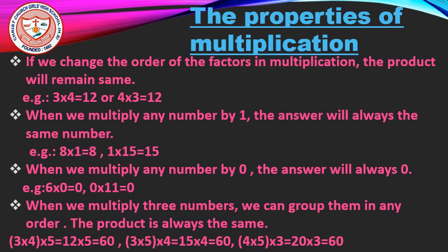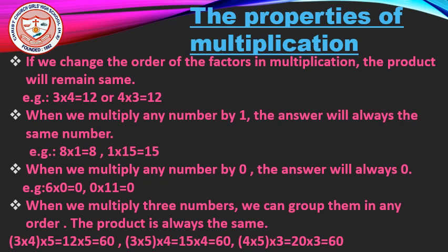Again, we can write it like 4 into 5 gives us 20. Now 20 into 3 equal to 60.